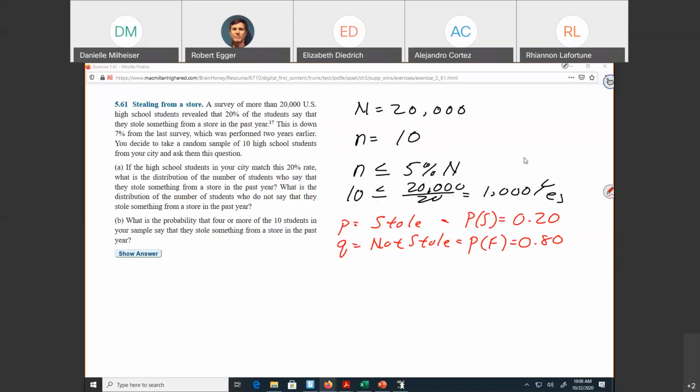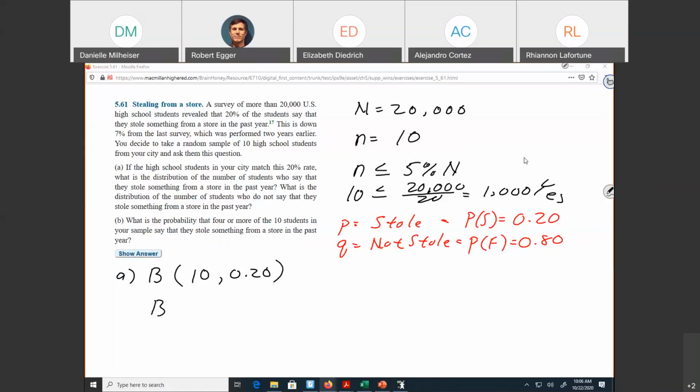So part A is pretty easy. It says if the high school students in your city match this 20% rate, what is the distribution of the number of students? What they're looking for in this case is the binomial distribution. The binomial distribution of 10 students at a probability of occurrence of 0.20. That's all they're asking for there. And they ask, what's the distribution of the number of students who do not say that they stole something?